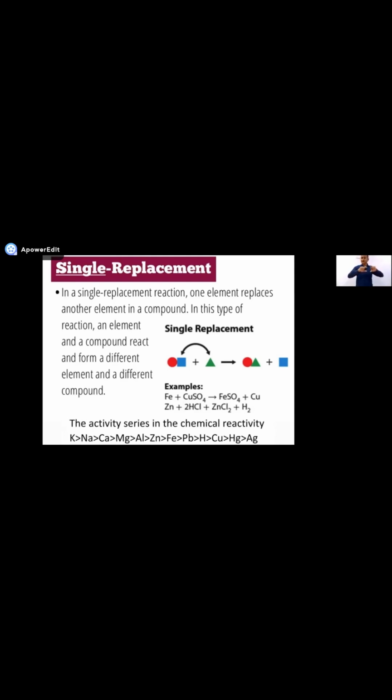So these two lines on the screen, you are not going to learn or memorize them. This is just for your info, to show which one is stronger than which one. So potassium is stronger than sodium. Sodium is stronger than calcium, then magnesium, and so on. This is called the activity series.